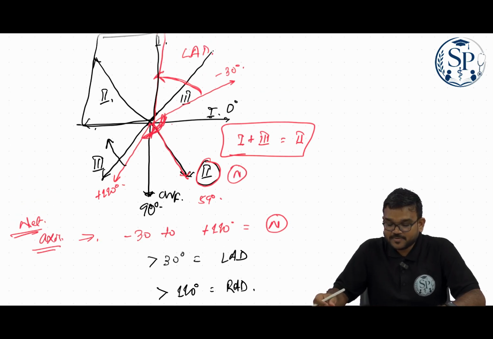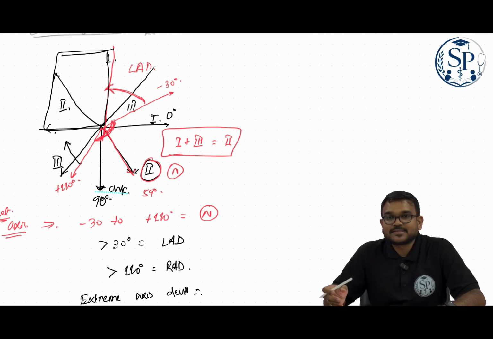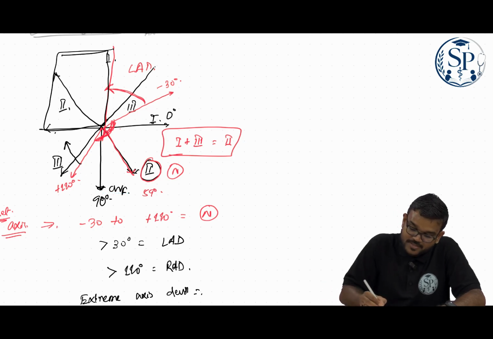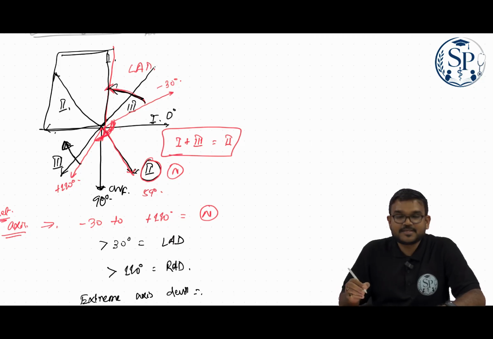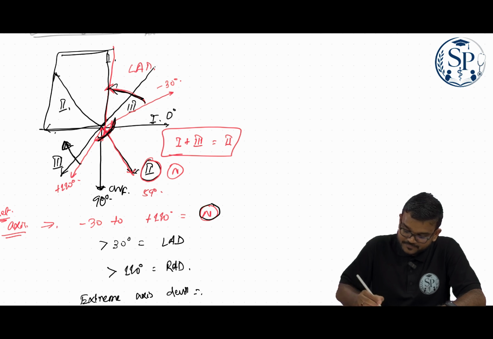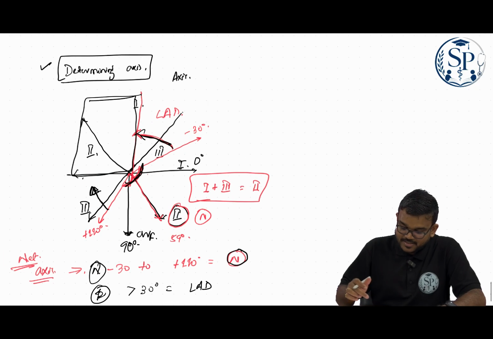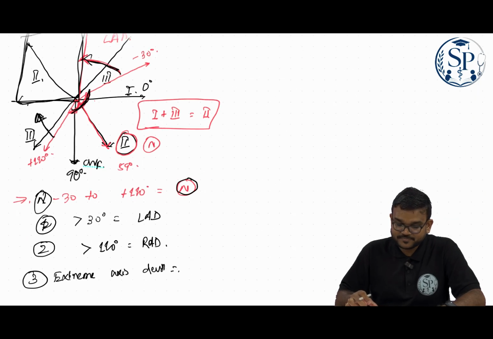So the concept of quadrants over this axis comes into the scenario by drawing the hexaxial system. If the net electrical axis falls beyond minus 30, then it is left axis deviation. If it falls beyond plus 110, then it is right axis deviation. If it is between minus 30 and plus 110, then it is normal axis. Okay, normal, right axis, left axis, then extreme axis. So if it falls in this quadrant, then it is extreme axis deviation.